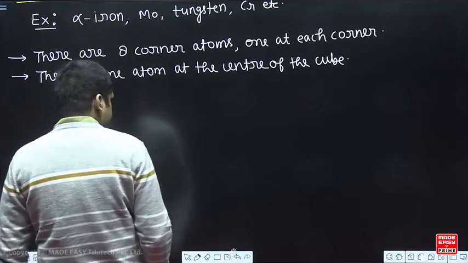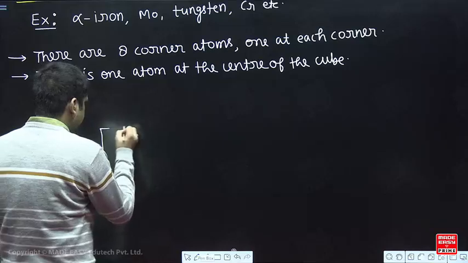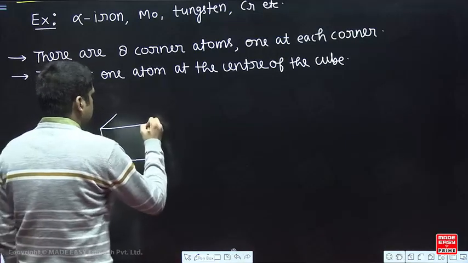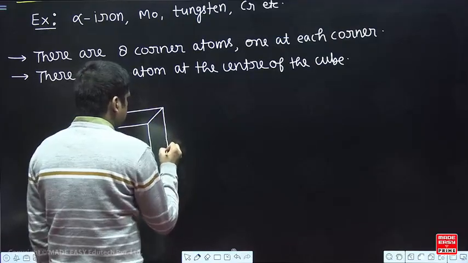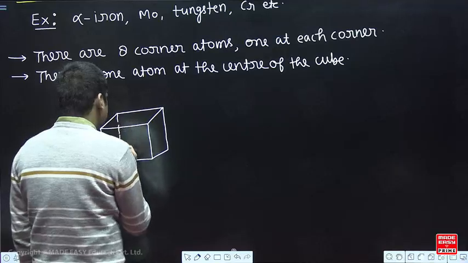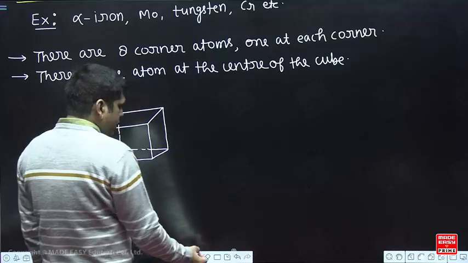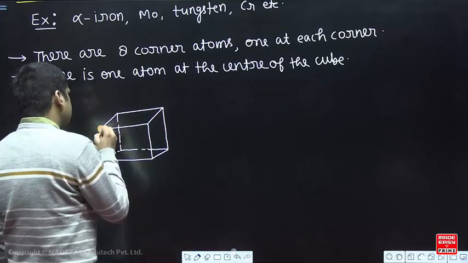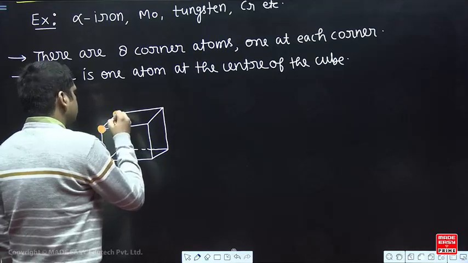Let us make the cube. This is our cubic unit cell. There are atoms at each corner. There is 1 atom at this corner, 1 at this corner.